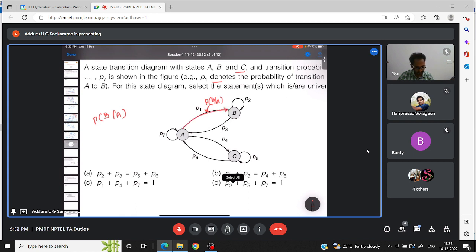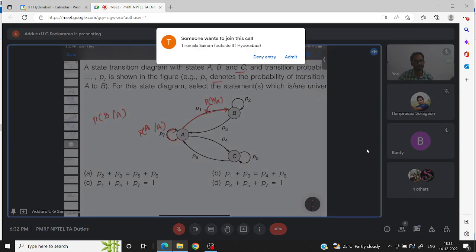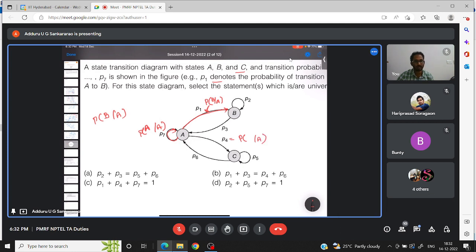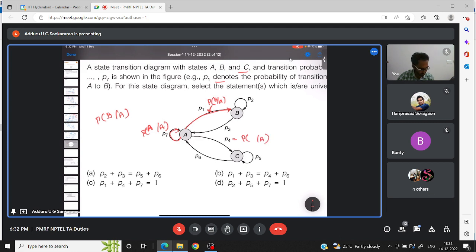And this one you see, you are in state A and some excitation is given, you are staying in the same state. So the probability that you are in state A and after the next clock pulse you are in the same state is P of A given A. P4 is, you are in state A, some clock pulse or excitation is given, and you are going to state C.